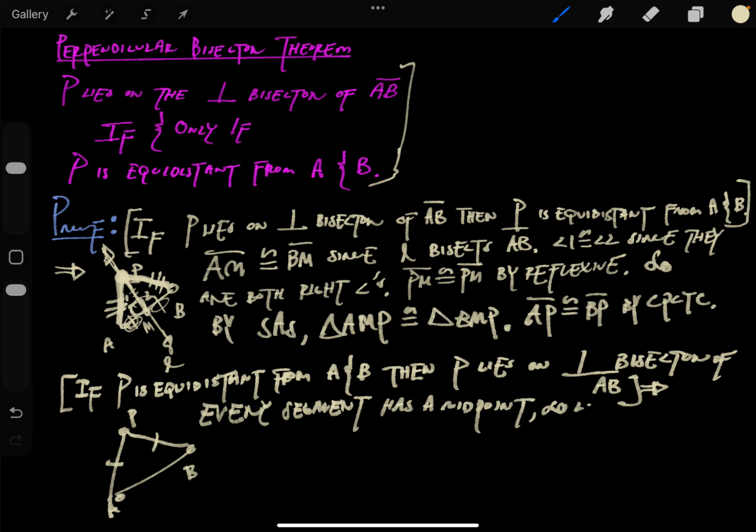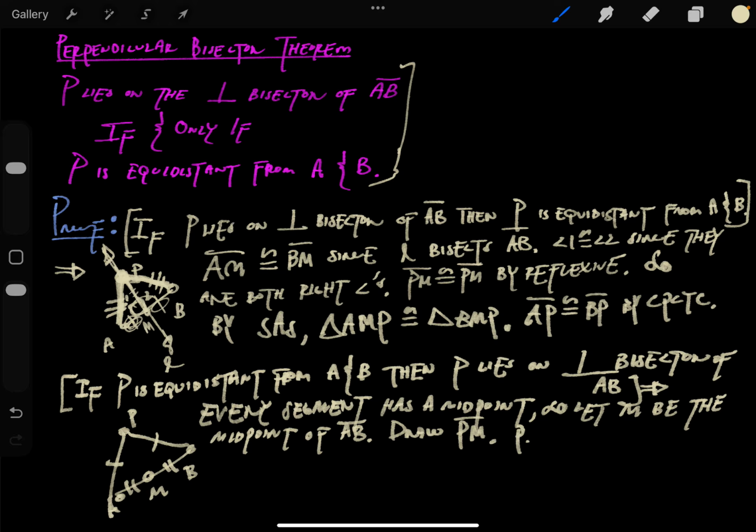So let M be the midpoint of AB. Now M is the midpoint, so this is the same as this. Then you can draw PM. PM is congruent to itself by reflexive.